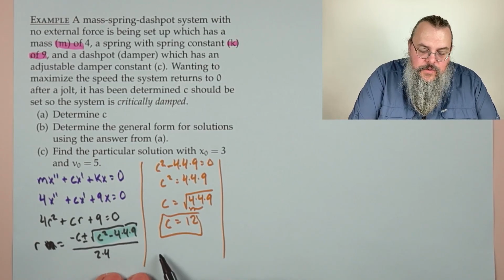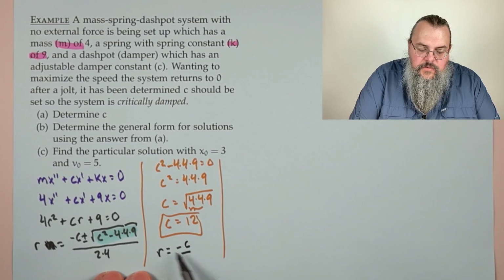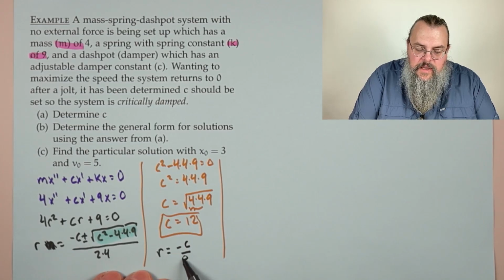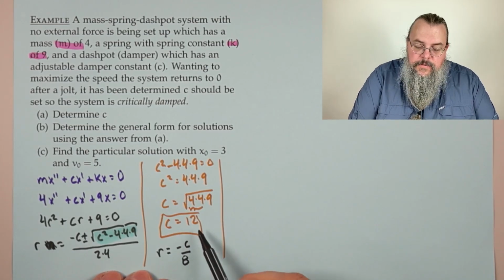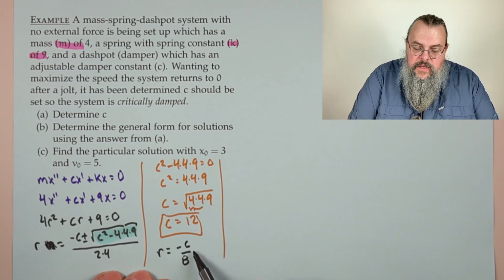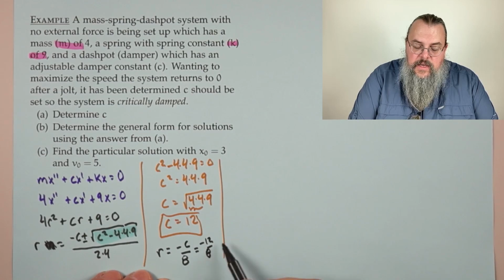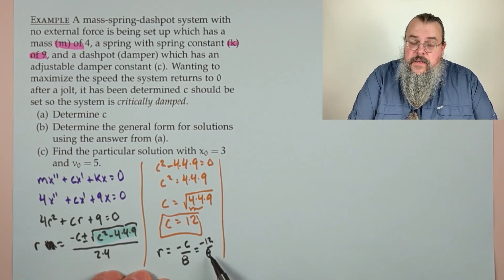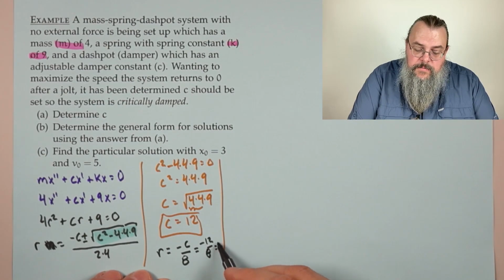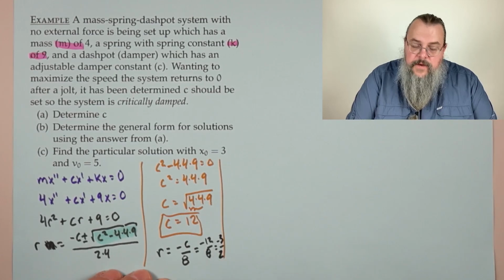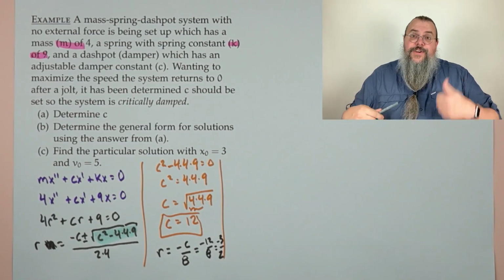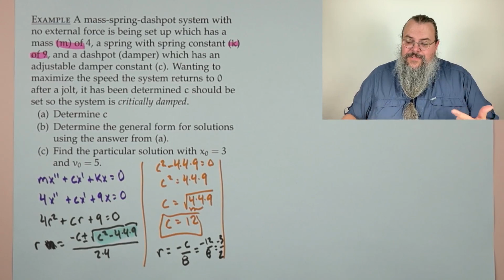So our roots look like negative c over 2 times 4, which is 8. Now we know c is 12, so it's negative 12 over 8, and those are divisible by 4, so we end up with negative 3 halves. So our roots are negative 3 halves and negative 3 halves.